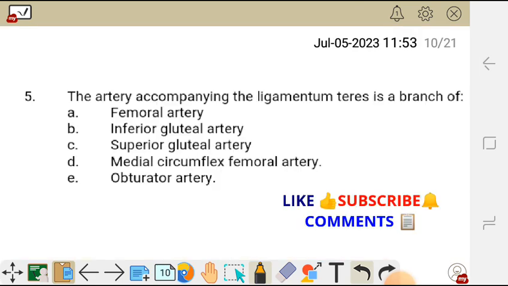So question 5. The artery accompanying the ligamentum teres is a branch of A. femoral artery, B. inferior gluteal artery, C. superior gluteal artery, D. medial circumflex femoral artery, and E. obturator artery. So which one of these is the artery which is accompanying the ligamentum teres? But before that, what is this ligamentum teres?